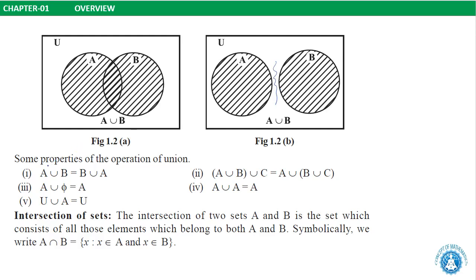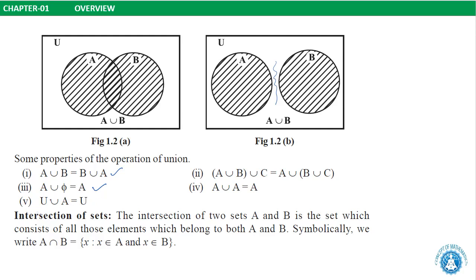Some properties of the operation of union. The union of A and B equals the union of B and A, which is very straightforward. The union of set A and null set is equal to A, which is also straightforward.